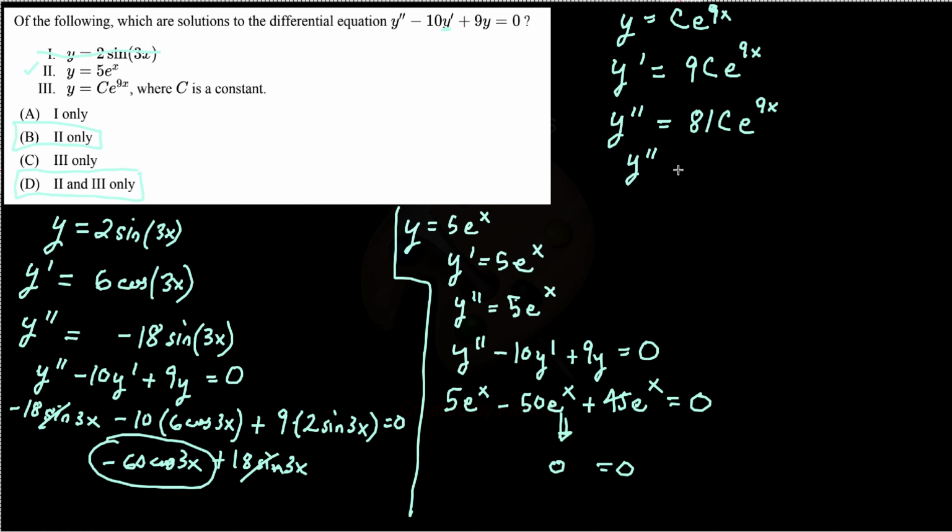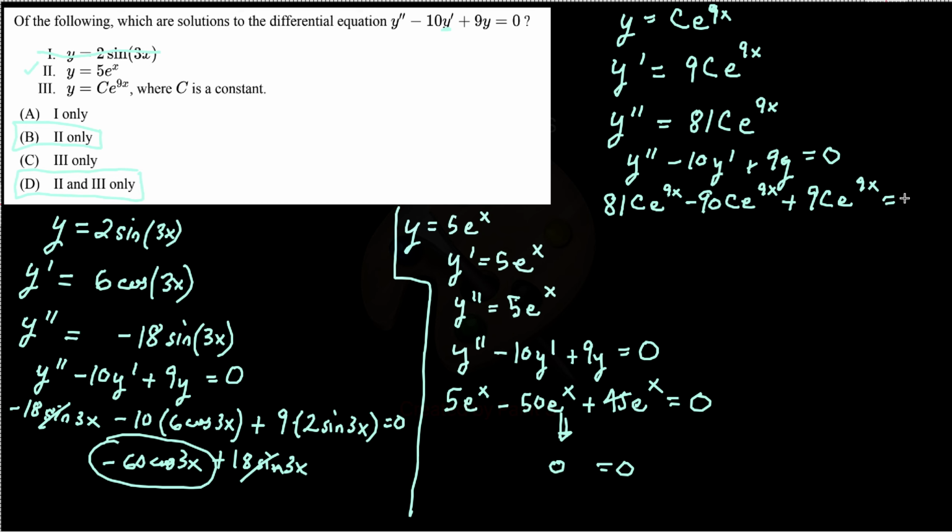Y double prime minus 10y prime plus 9y equals 0. Y double prime is 81c e to the 9x minus 10 times 9 is 90c e to the 9x plus 9 times that is 9c e to the 9x.